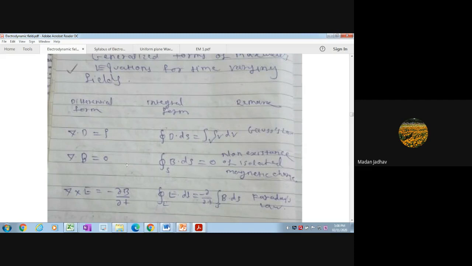Here you should know what is meant by divergence. If you understand the concept of divergence, then you will understand these two Maxwell's equations, because they are related to divergence operations. We know that there are positive divergence and negative divergence.